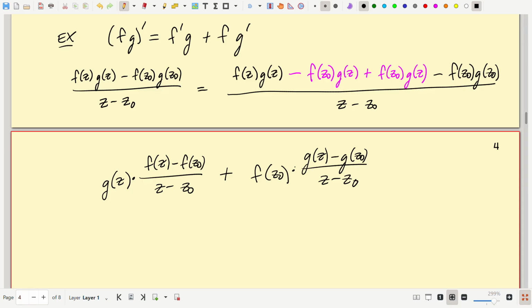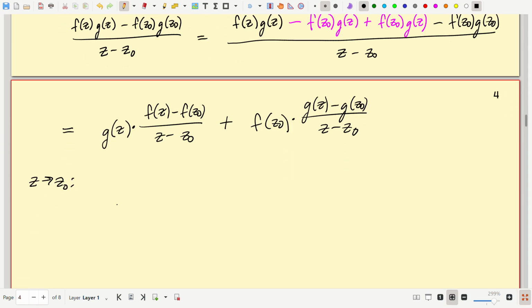And you realize that as I let Z tend to Z naught, I need to know something. I need to know that if something's complex differentiable, then it's got to be continuous. So this is going to tend to G of Z naught.